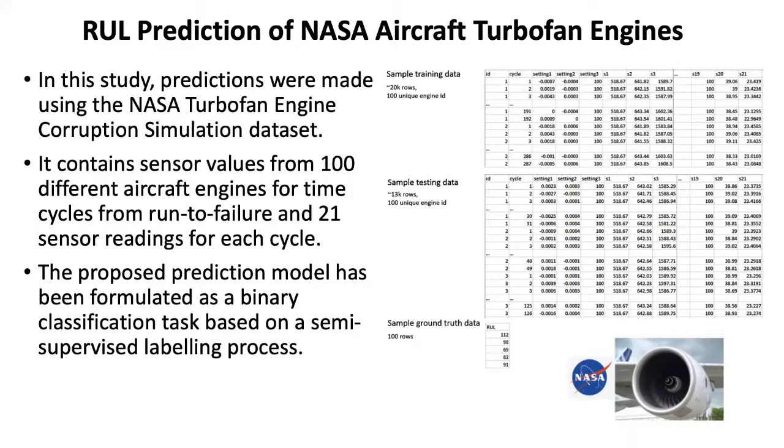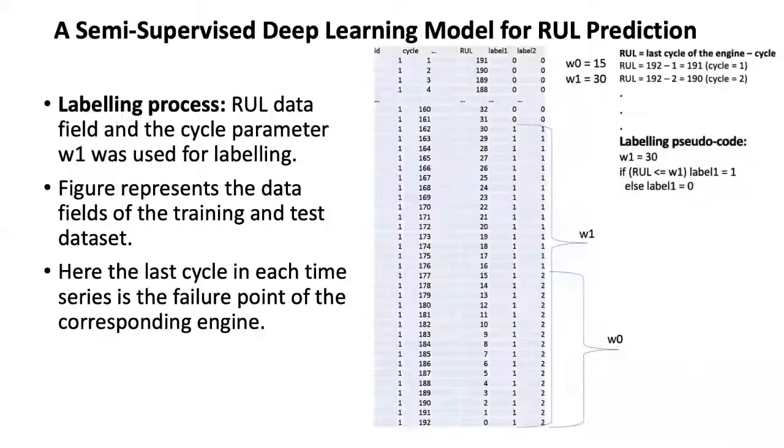The proposed prediction model has been formulated as a binary classification task and is based on a semi-supervised labeling process. The figure shows how the training and the testing data is labeled.